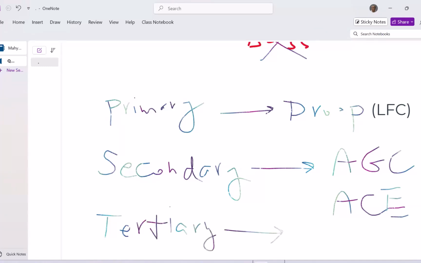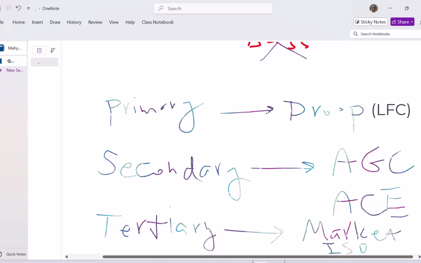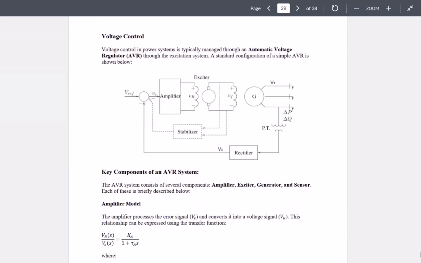And that's ruled by the market and ISO, independent system operators, that command the different generators in the system to change their settings based on market. And that's a different story that goes to economics, which we talked about briefly when we talked about optimal dispatch of generation.